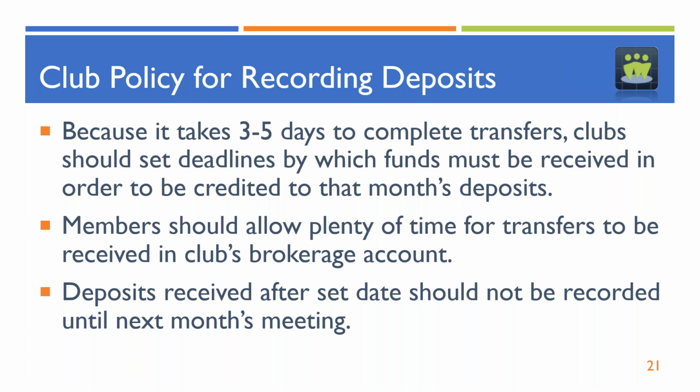I don't believe that you need to penalize the late payers any more than simply not giving them the benefit of that month's unit value. And if the club's unit value was rising over time, the habitual late payers will always end up paying a little bit more for units than if they'd been on time. I think that's penalty enough, and it keeps the treasurer's job a little bit easier.